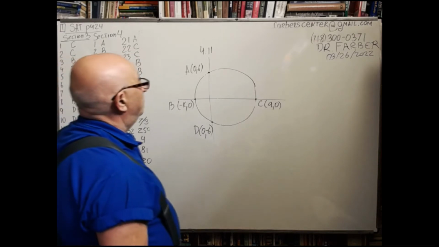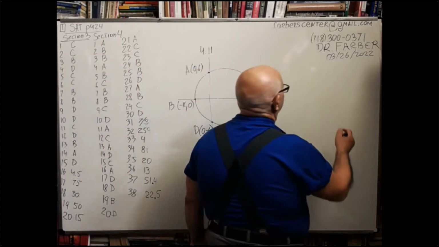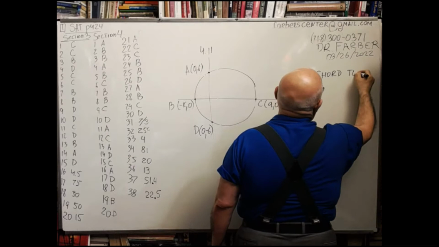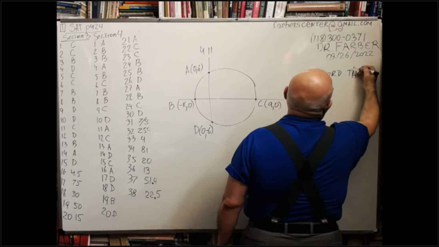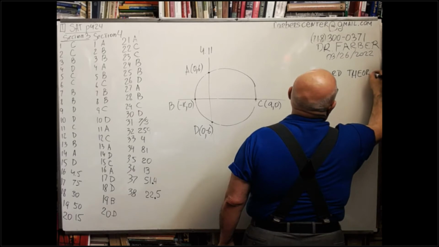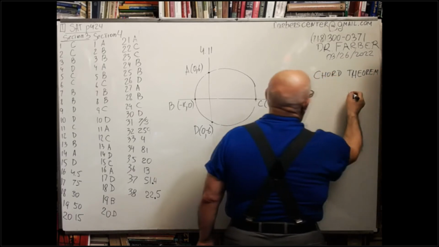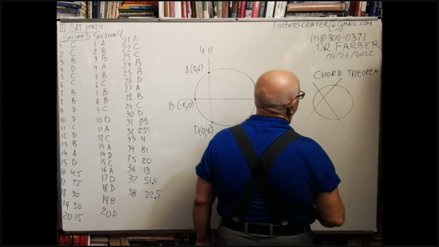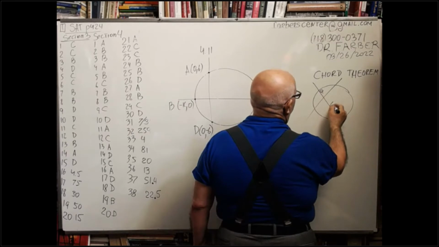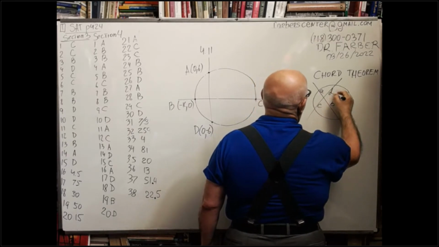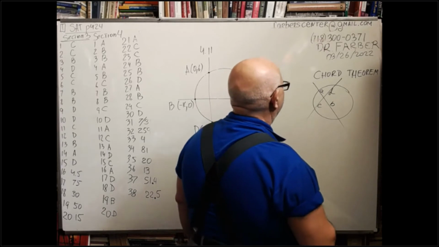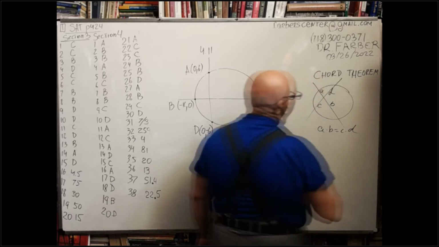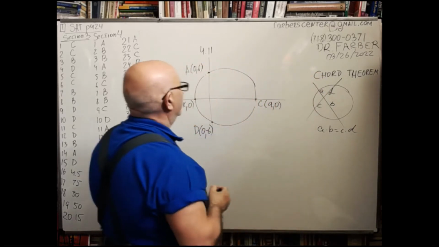Well, I just remind you generally the Chord Theorem. You have a circle, and you have two intersected chords. And this is A, and this is B, and this is C, this is D. According to the Chord Theorem, A times B equals C times D. Product.